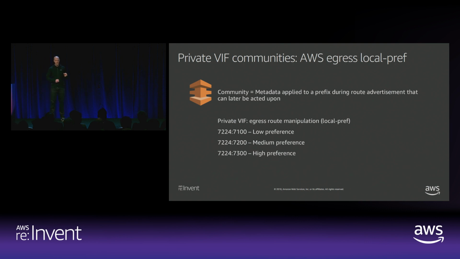Remember, the communities are simply just a tag, like metadata, and this metadata can be used to trigger a change based on identified routes. We have 3 communities that can be applied on a private VIF: 7224:7100, 7200, and 7300. There are no community tags attached to routes from AWS toward the customer gateway, toward you.